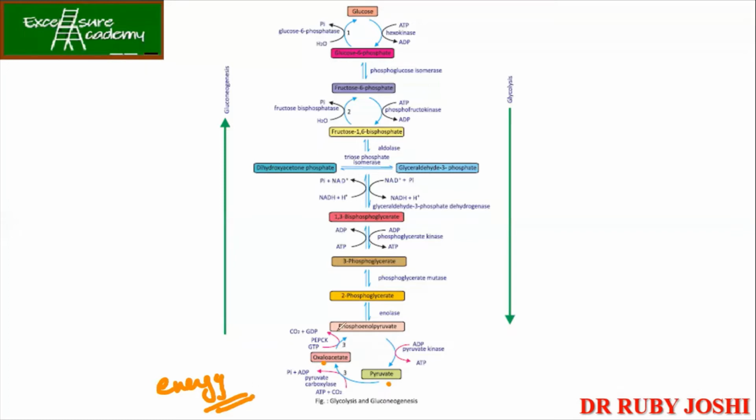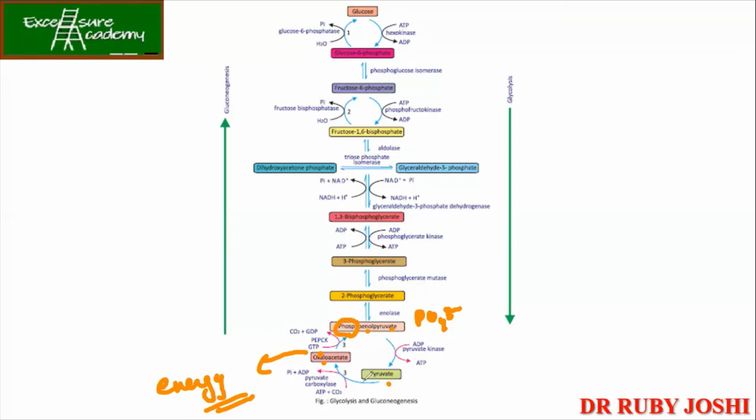Then again, what happens over here? Oxaloacetate to phosphoenol pyruvate, again GTP is there. GTP is also energy like ATP. Again, it was used. Now, phosphoenol pyruvate has got the phosphate group, so that group is present now.